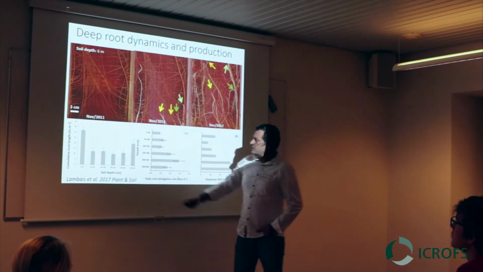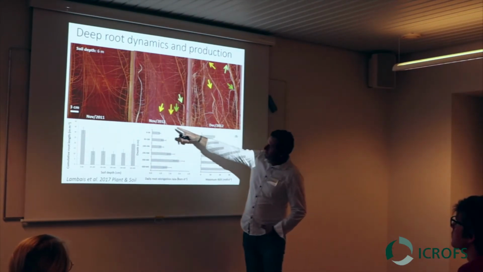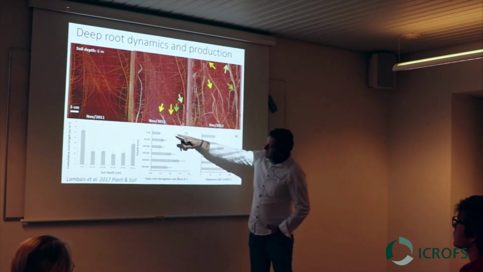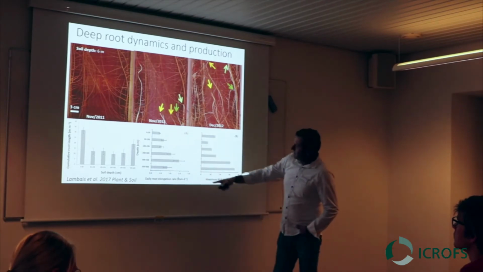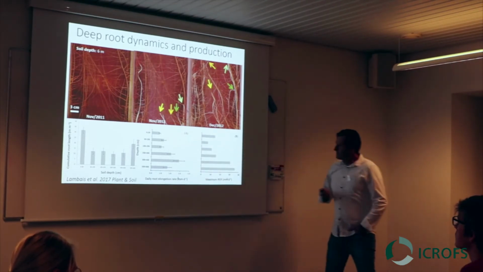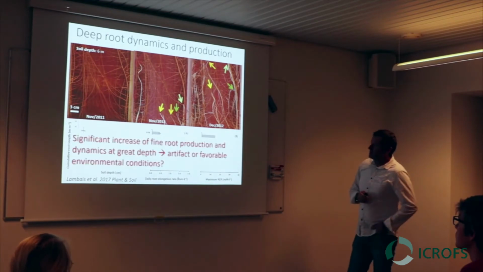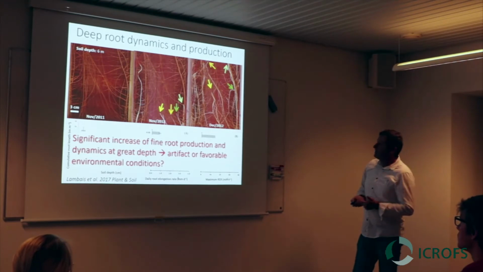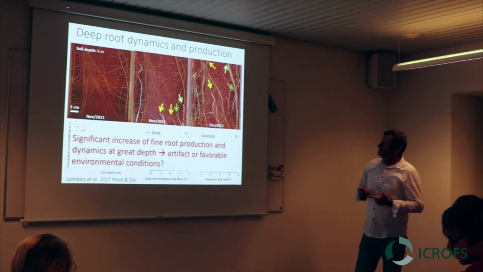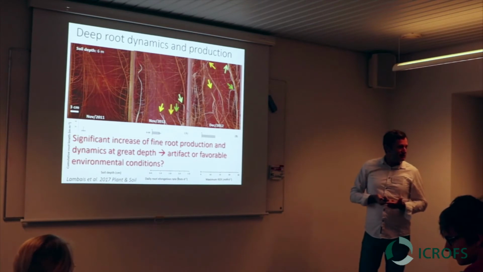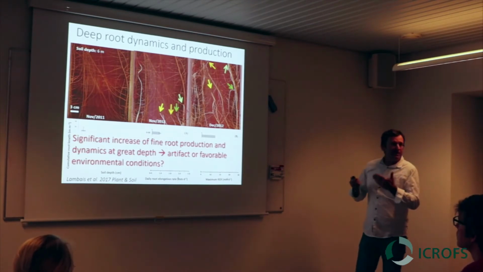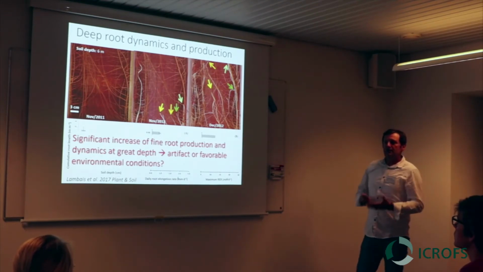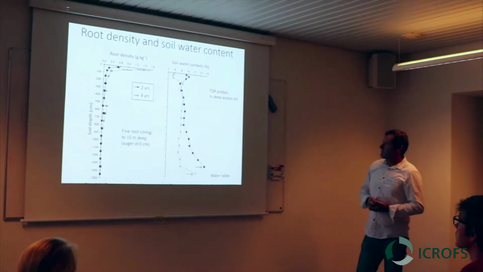We have a great increase at depth, and here you have the relative root elongation rate with depth. You can see a slight increase, and the maximum we observe is more than 3 centimeters per day. So we have a significant increase of fine root production and dynamics at that depth. That was the first result, and it could explain why we have roots deeper than the model expects.